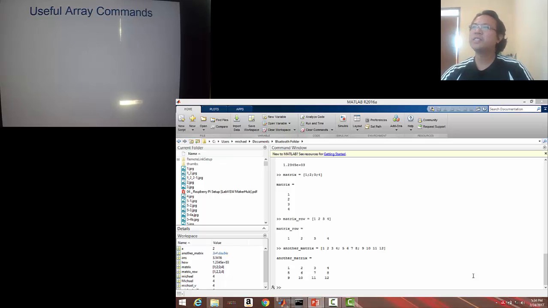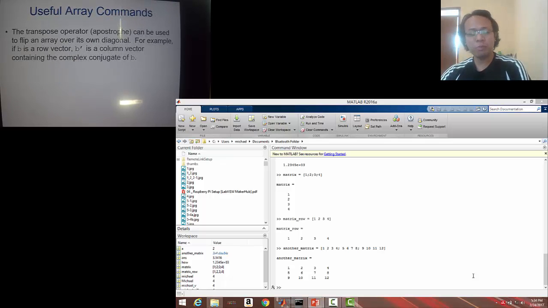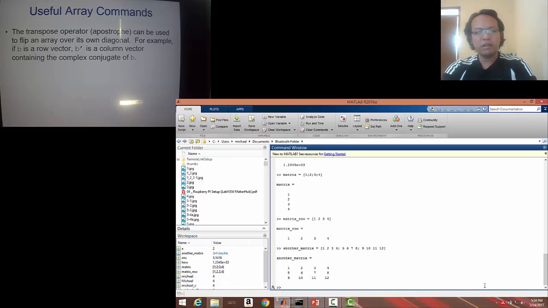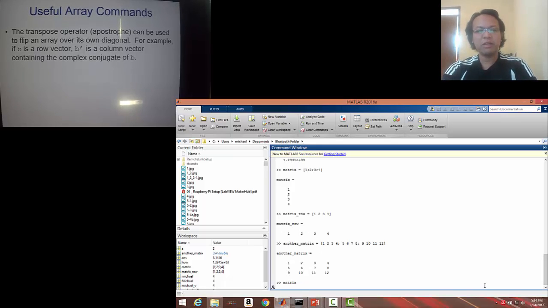Useful array commands. Transpose operator. Actually, this one is very important for us in the future chapters. Right now, I will just introduce this one. When you put an apostrophe here, you will make a transpose matrix of a certain matrix. For example, let's go back to matrix.